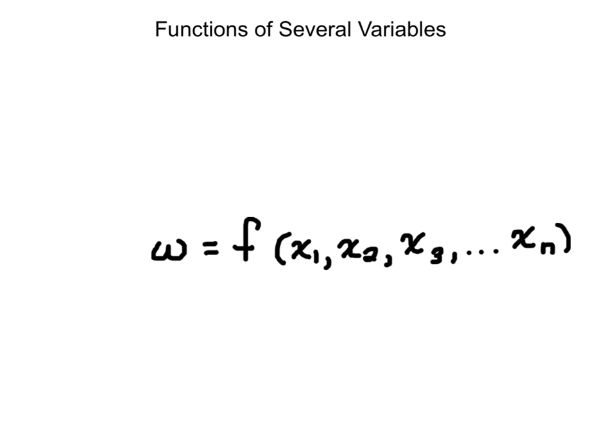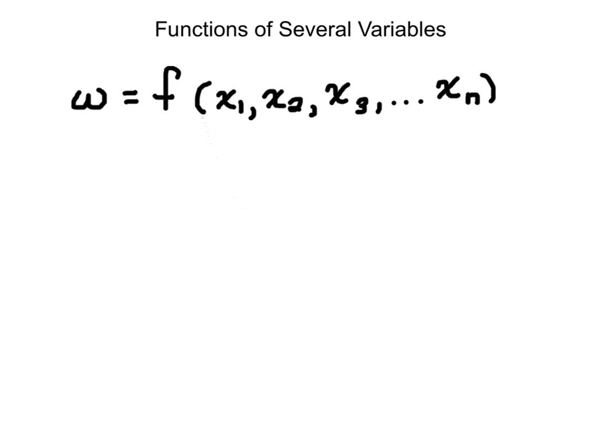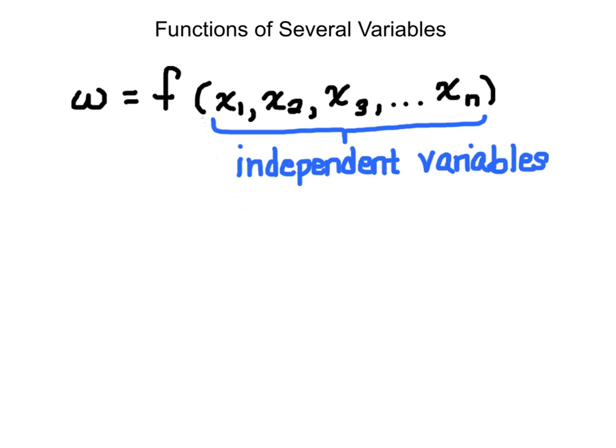So our function w is a function of n different variables, x sub 1 through x sub n. Here, x sub 1 through x sub n are our independent variables, and w is our dependent variable.